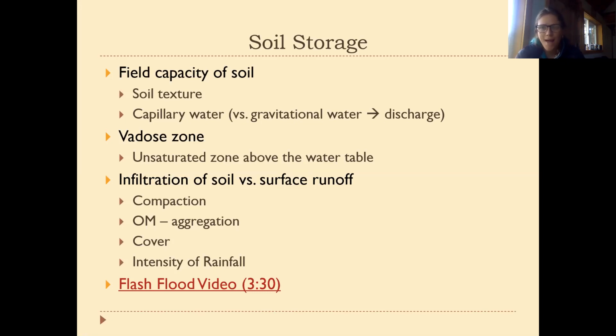We know when soil is compacted, there's not enough macropores to infiltrate water into the soil. We know we want to maintain good organic matter. Where we have organic matter, we're going to have better aggregation of soil particles to maintain better macropores for better infiltration.